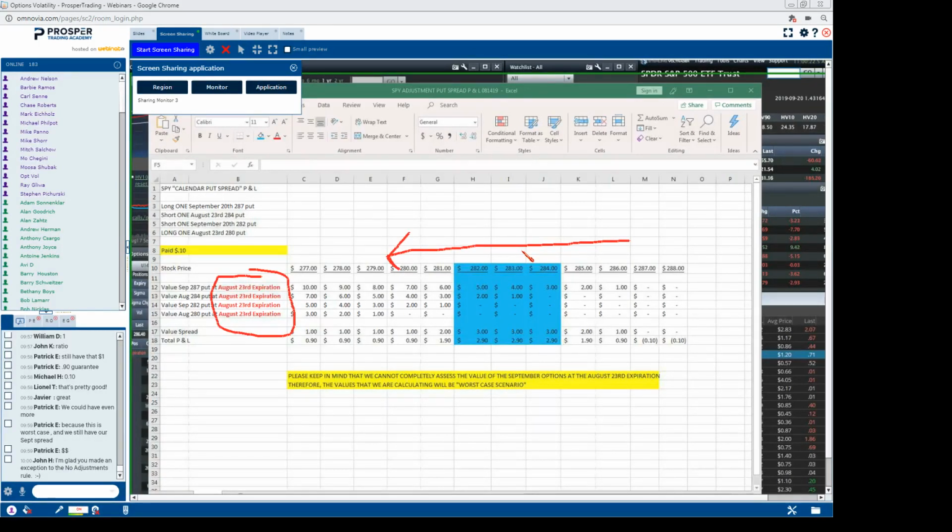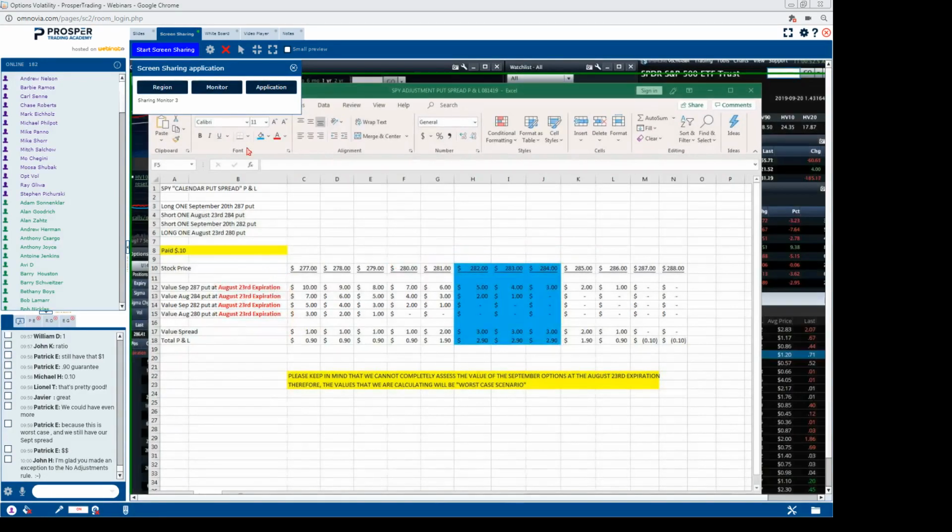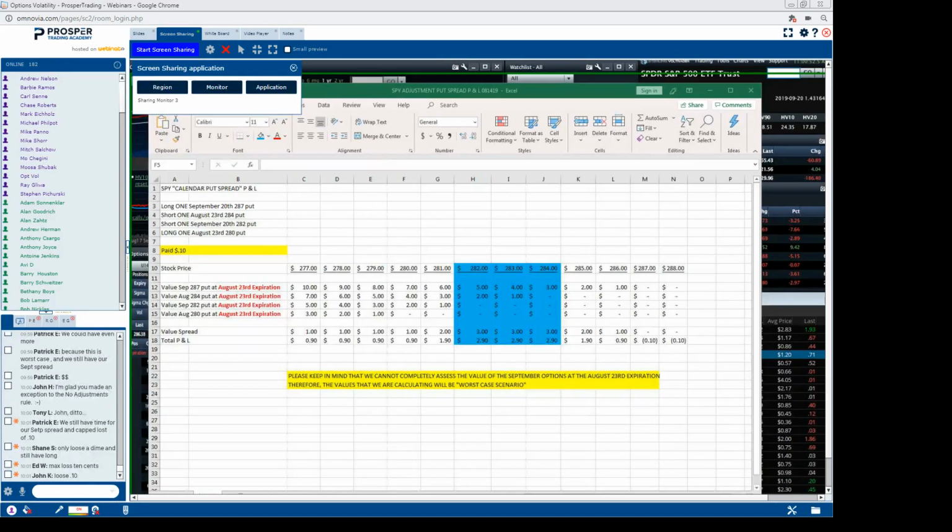And on the flip side, if SPY recovers, what's going to happen? Exactly, Patrick. We're not going to lose that 10 cents. You know why?